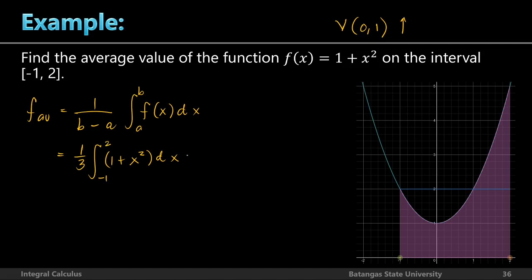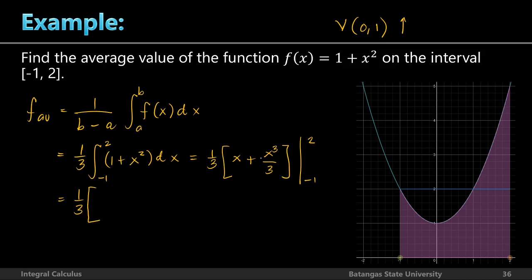Now, let's integrate. When we integrate, we'll get 1/3 times the integral of this, which will be x plus x cubed over 3. Now, we will evaluate this from -1 to 2. Now, evaluating the integral, of course, we copy 1/3. Baka maiwan siya. Pag naiwan yung 1/3, magkakamali ka.